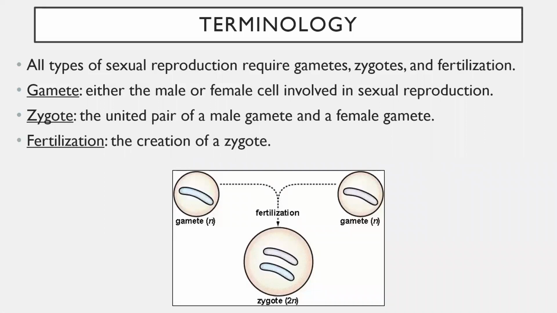That's a gamete. Now a zygote is the united pair of a male gamete and a female gamete. So when these two gametes combine together, they form something called a zygote. Now fertilization is the creation of a zygote. So fertilization is the process by which two gametes combine to create a zygote. So we need to be familiar with all three of those terms before we move on.